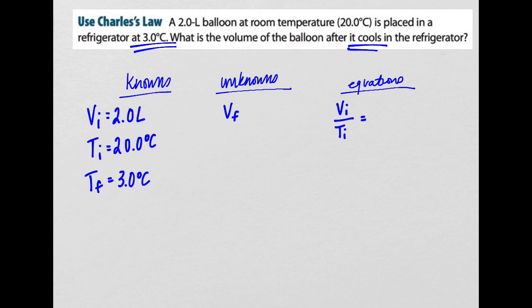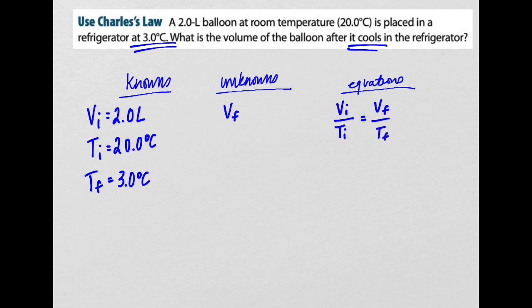So I wouldn't be able to use Boyle's law for this because I'm not given pressures, I'm given temperatures. So make sure that if you're not sure which equation to use, Boyle's law or Charles's law, you write down all of your knowns and unknowns first, and then you'll be able to see, just based on what you have, what you need to use.